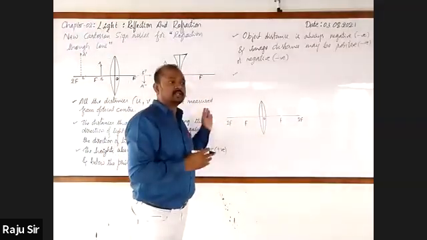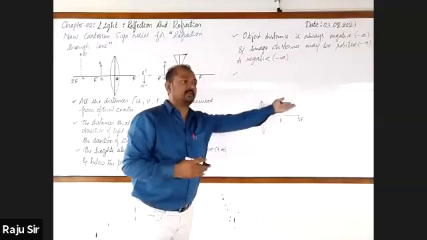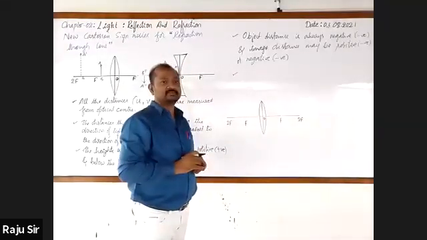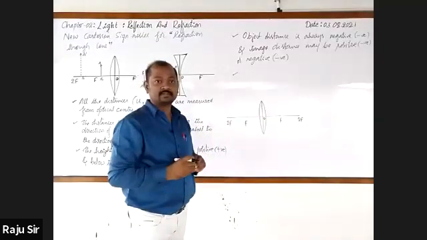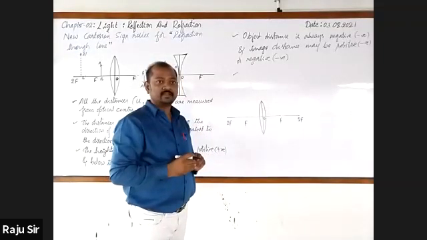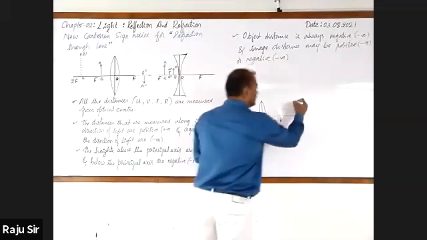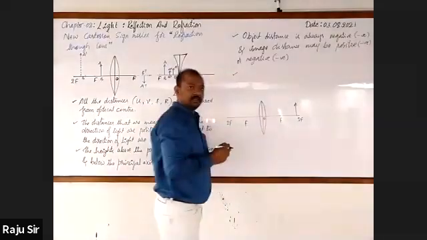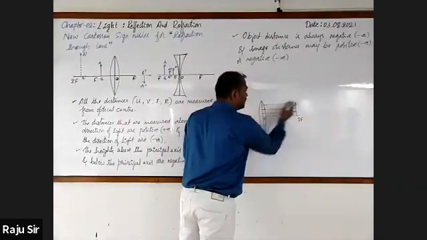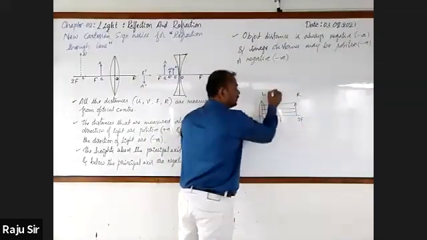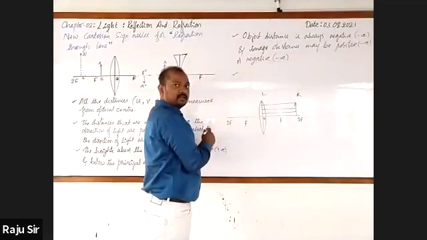The light ray you may consider either from left to right or from right to left, depending on where the object is placed. If we place the object here, then the light rays come from right to left.